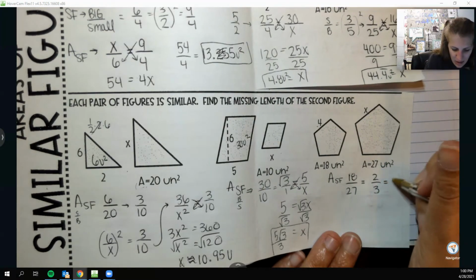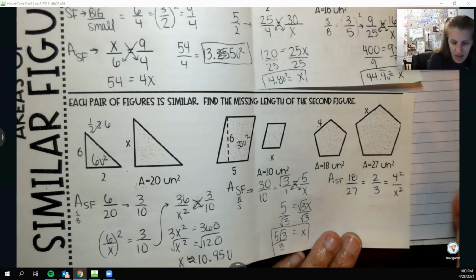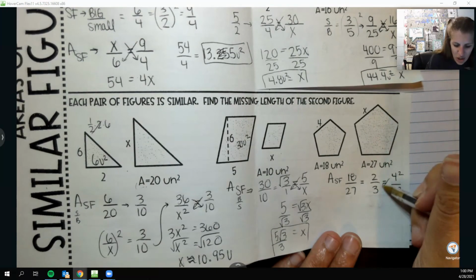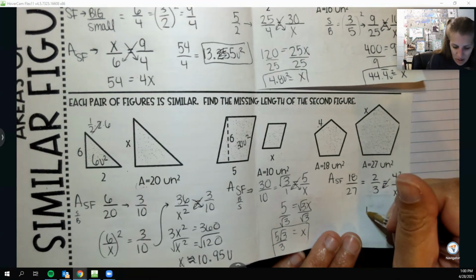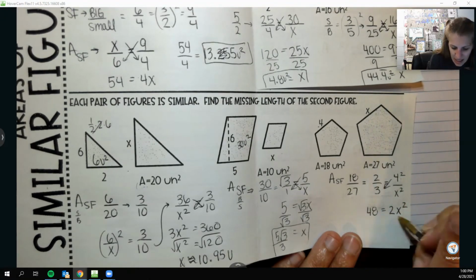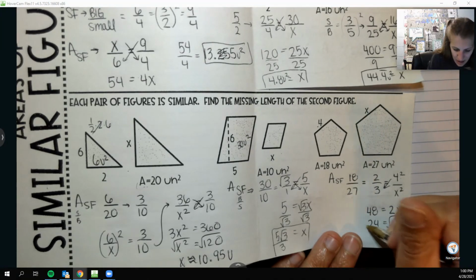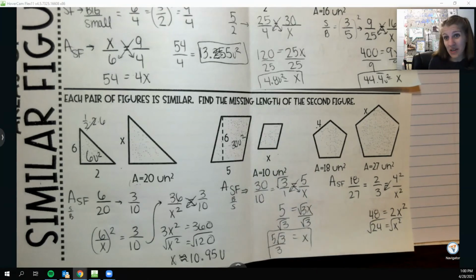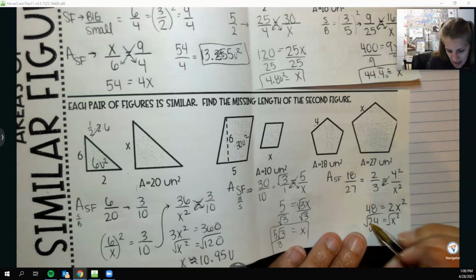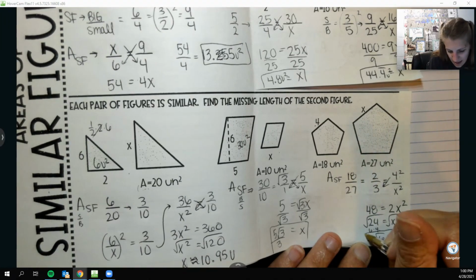So if I set this equal to 4 squared over x squared so that I scale them up to meet the area, then I can just cross multiply like this. So 16 times 3 will be 48. 2x squared. Divide by 2 and then square root it. And if you want to simplify the square root and be super cute, 6 and 4 is real good because I can square root the 4 for 2 and I have to leave the 6. And then I don't have any yucky decimals.